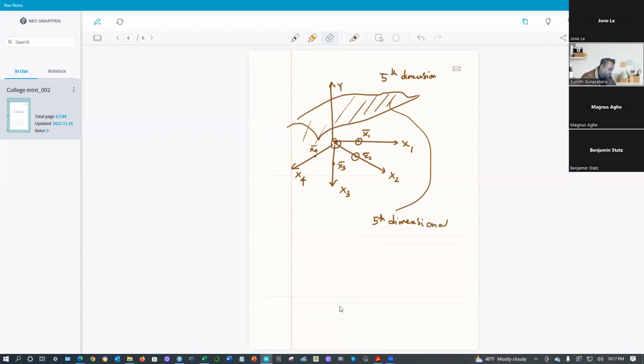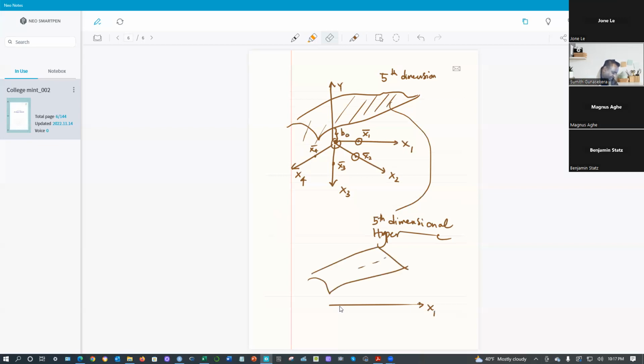So we are talking about this one, and everything is 0 with respect to this one. That's my intercept. So B1 is what? Let's say B1, I'm going to take into account this one, X1. B1 is nothing but how my plane is inclined with respect to this X1.